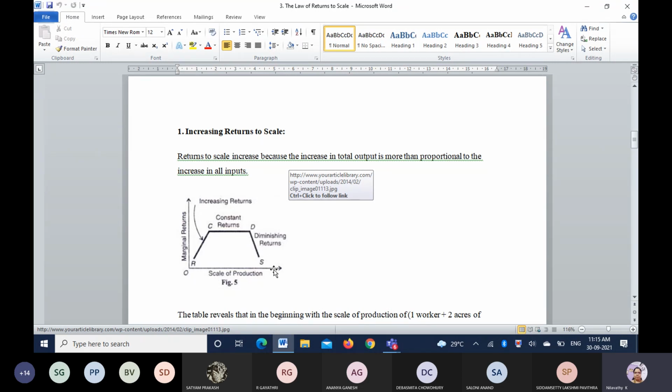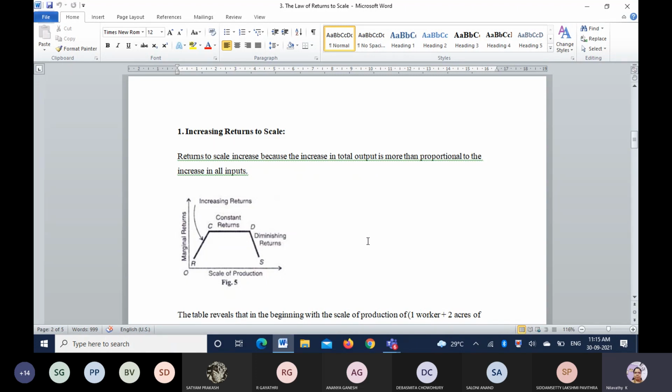Why? Because whatever you are putting in, you are getting back. That is the condition. Constant returns or no loss, no profit position, all are the same. Whatever you are putting in, you are getting returns for it, and that is what happens in a normal business. So for a longer time, the constant returns will operate. So this is another point.